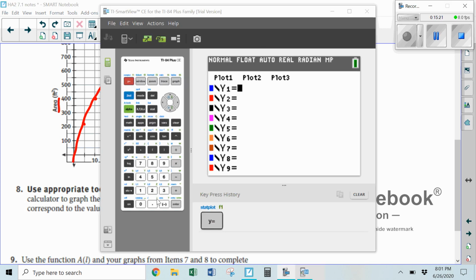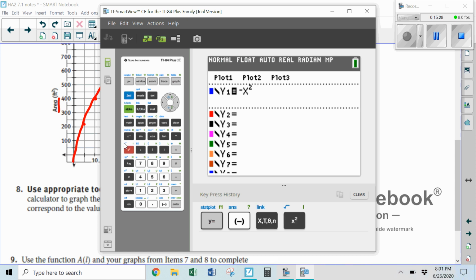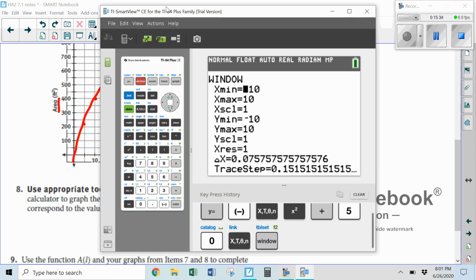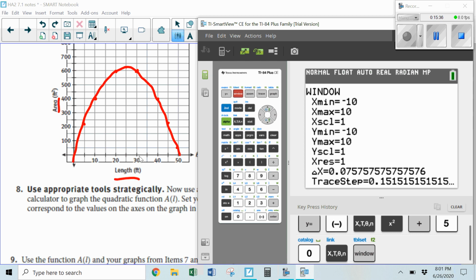Make sure when you're typing it in your y equals that you hit the negative, not the minus, so negative x squared, because you can't have an L here, plus 50x.